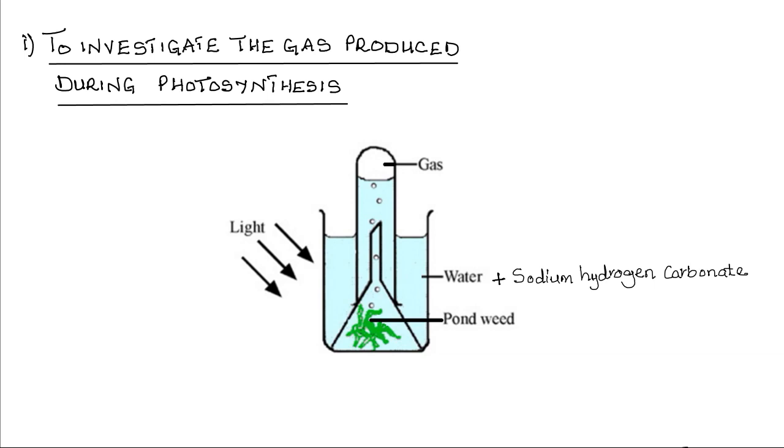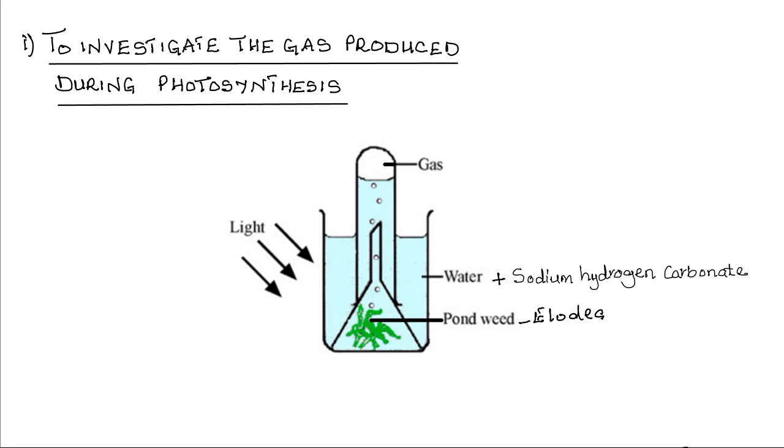So the setup is put up like this diagram here, and then, as I mentioned, you make sure that it is exposed to sunlight to allow photosynthesis to take place. Now we leave the setup in the sunlight until sufficient gas has collected in the boiling tube.